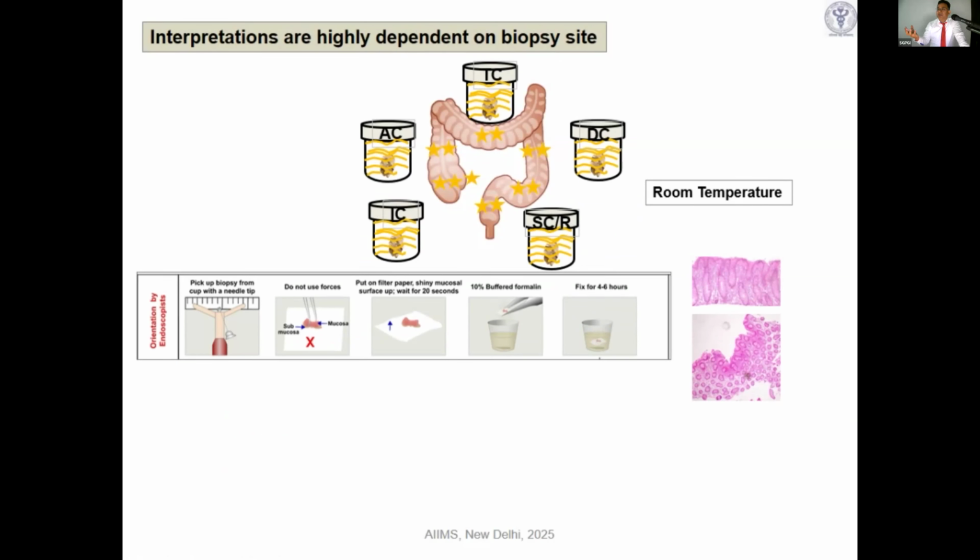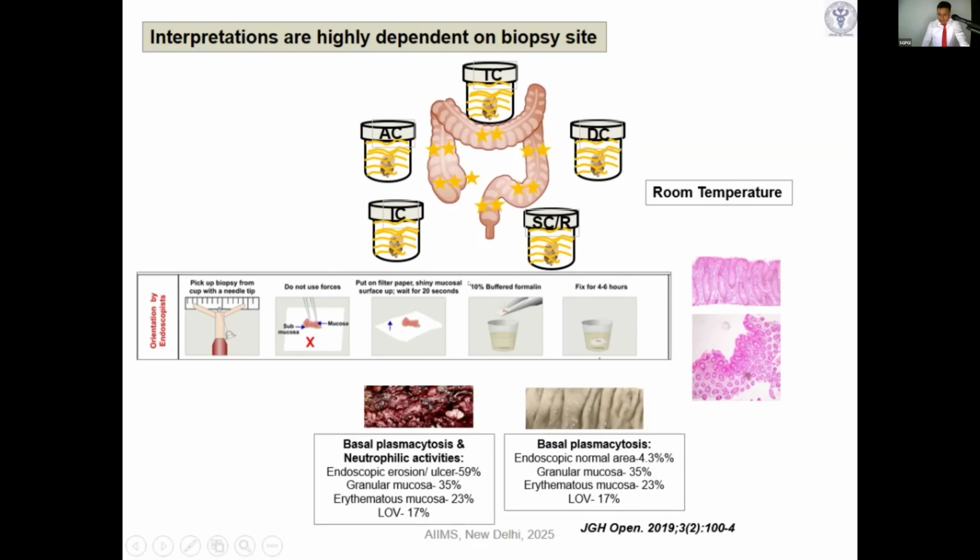Sometimes even in our institute, it increases the time and the cost of the procedure, also in private setups. But if you get an oriented biopsy, you can identify the basal plasmacytosis very well, and it is always desirable.